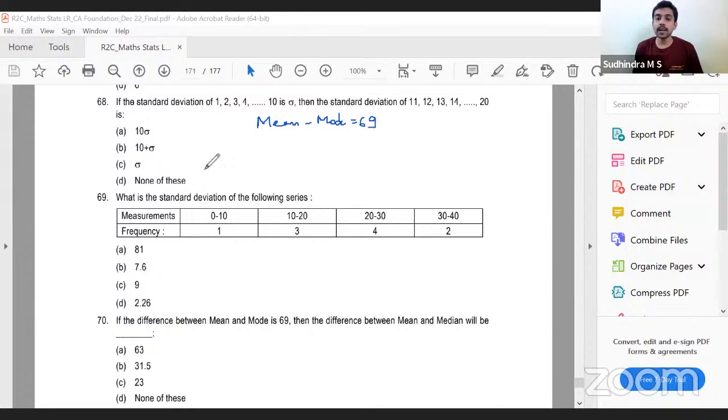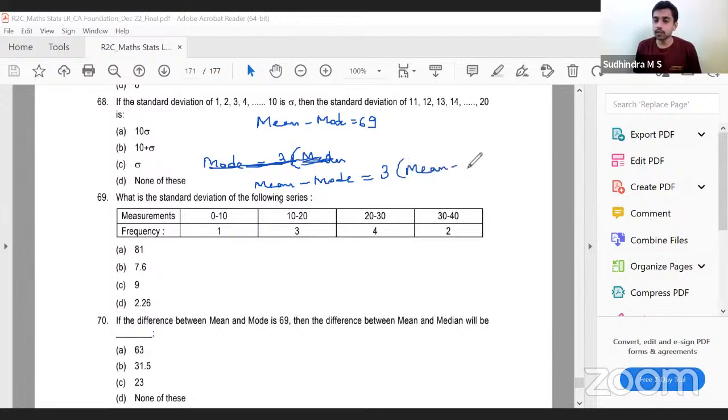Now in that empirical relationship, we know mean minus mode is equal to 3 times mean minus median.